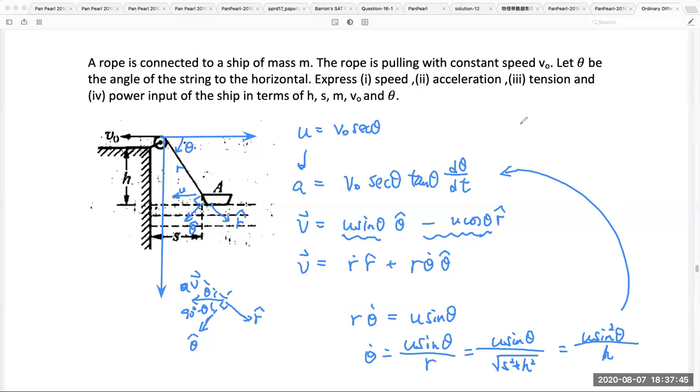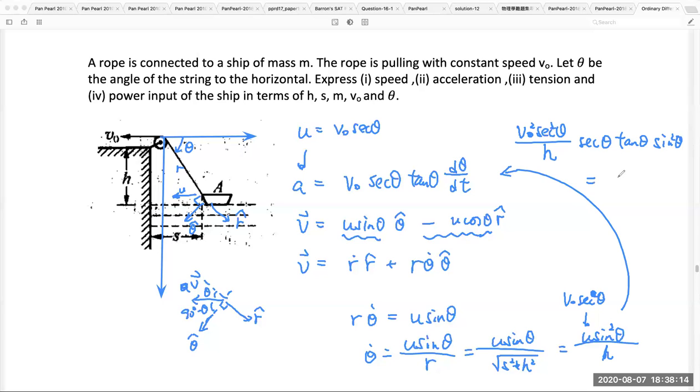Yeah, I know it's so complicated. And then u equals v naught secant theta. So you get v naught squared secant squared theta divided by h times secant theta times tangent theta. Sorry, secant, and then times sine squared theta.